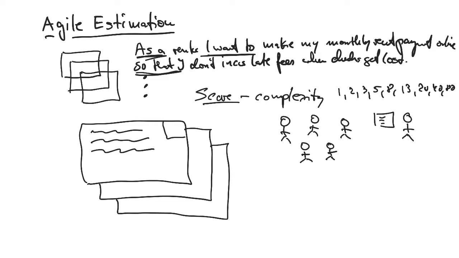Then, everybody thinks about this, and based on their experiences, they pick a card, or they pick a number from 1, 2, 3, 5, 8, and so on. And somebody might say, well, I think this is an 8. Somebody says, well, I think this is a 20. Somebody else says, well, I think this is a 40. This person says, well, it's definitely an 80. This one person says, well, I think it's like a 13.